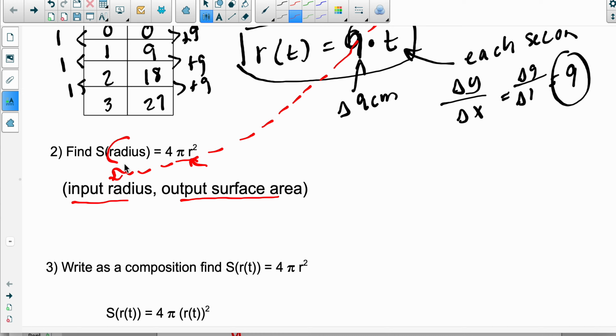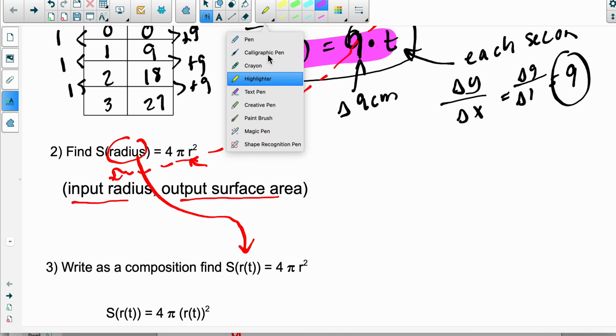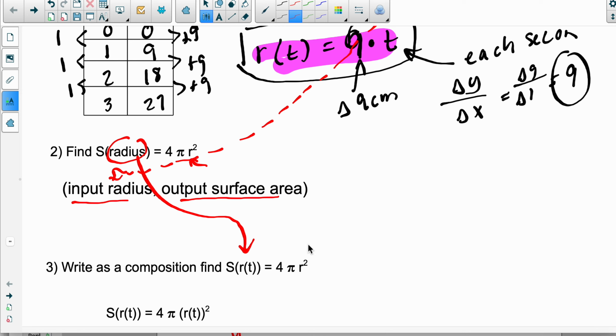Instead of just entering radius, I can put in my radius function. My radius function is 9 times t. It's a function of time. I know that r of t is equal to 9 times t.